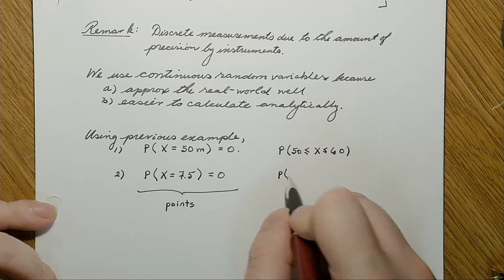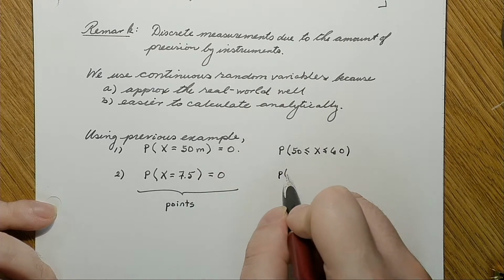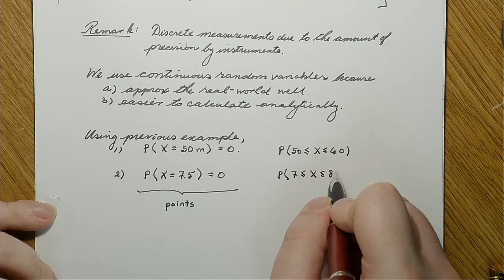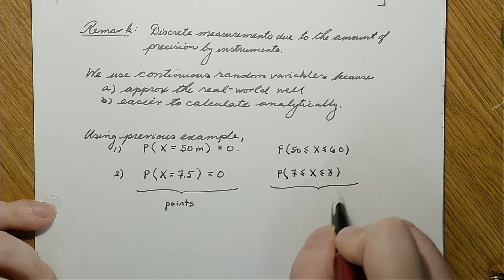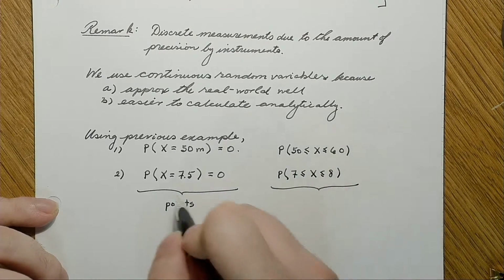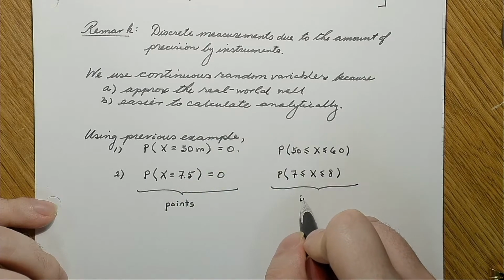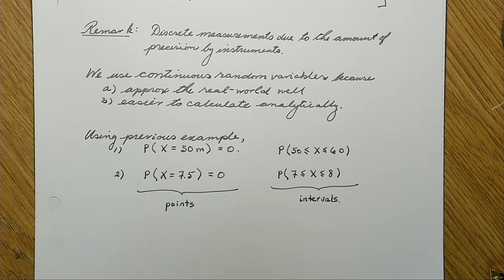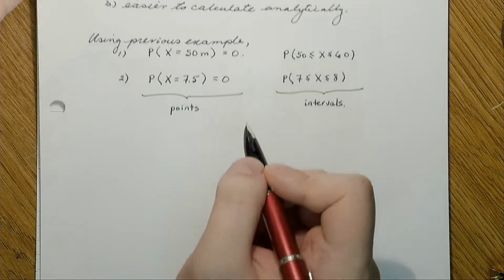Or what's the probability that the solution is between say 7 and 8? So now, instead of points, we're thinking of intervals. So let me just define then.